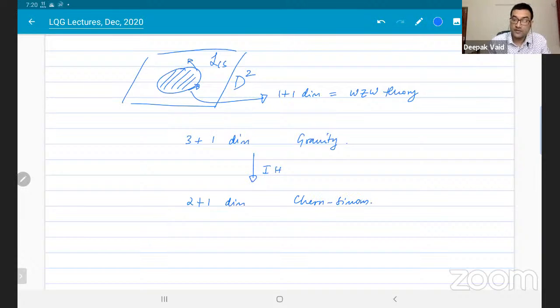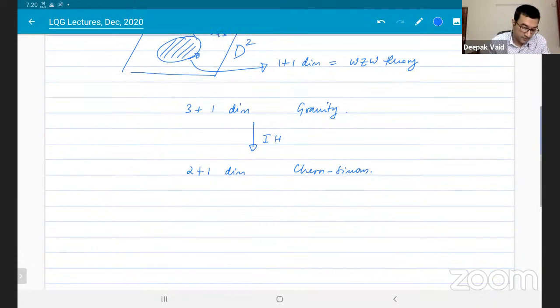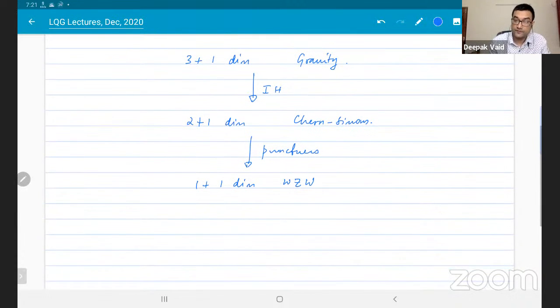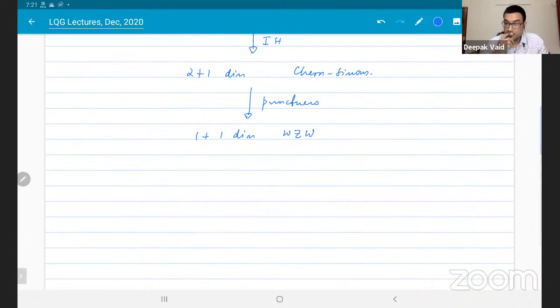And then one can further imagine that your horizon has punctures, right? And that actually does turn out to be the case. So if you have punctures on the horizon, then you get 1 plus 1 dimensional WZW theory.